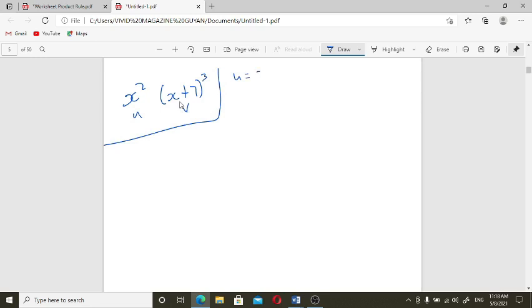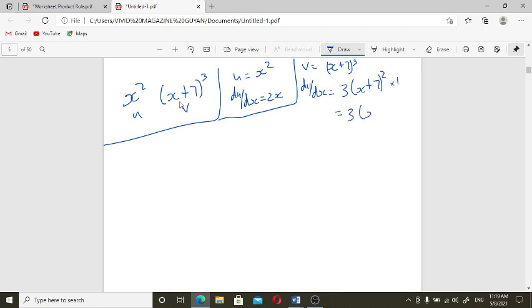So u is equal to x squared, du upon dx is equal to 2x. v is equal to (x+7) raised to the third power. dv upon dx is equal to 3(x+7) squared times 1, so 3 into (x+7) squared. So again, u dv upon dx plus v du upon dx.